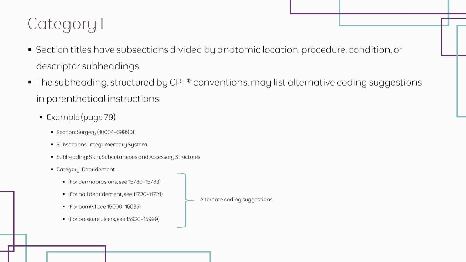These notes will serve as helpful reminders to verify whether the debridement you are coding might actually fall into a more specific category elsewhere within your CPT codebook. Taking a moment to review these alternate options can help ensure that you are reporting the most accurate and appropriate code for the service that is provided.